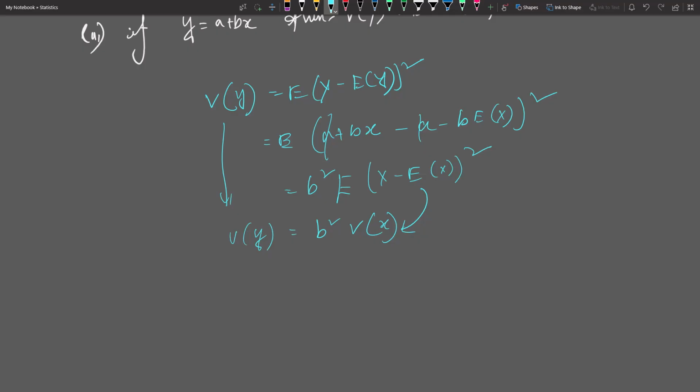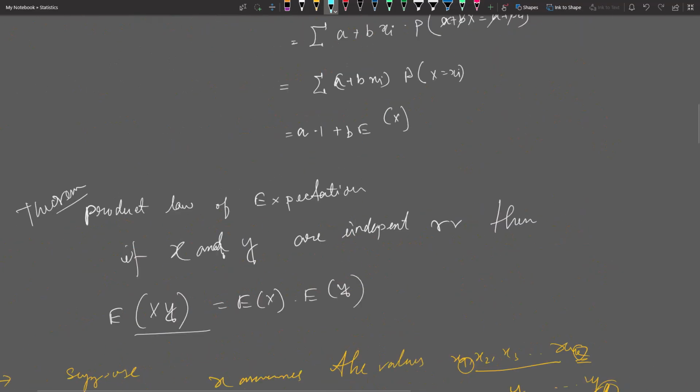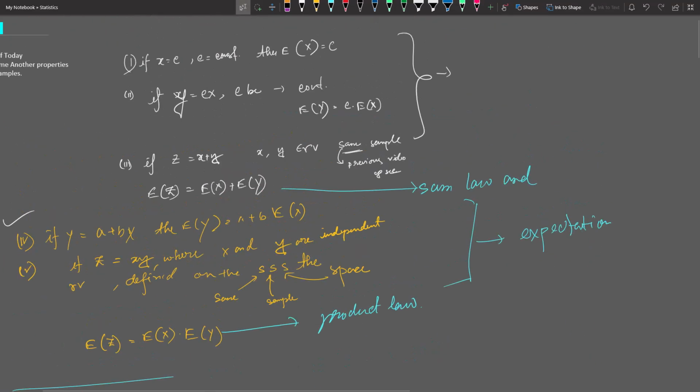So we are at the end of this session, and I think property number 3 of expectation is also left to be proved.